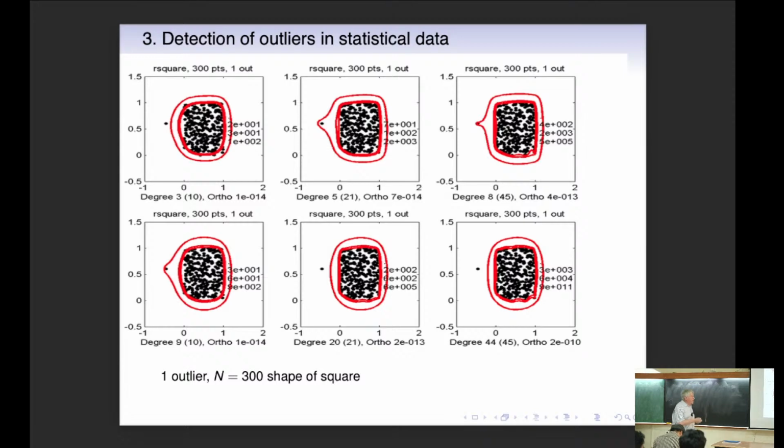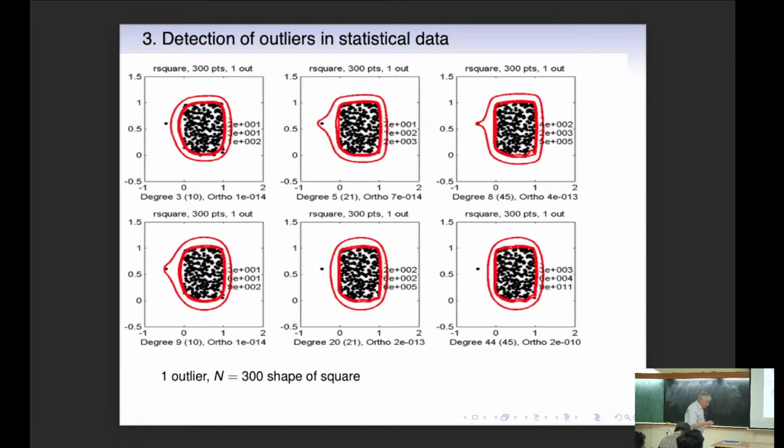And there are many experiments here. You see the degrees are not big. The degree is 44 here, 20, and so on. And the outliers are very much isolated in the level sets of the Christoffel function.